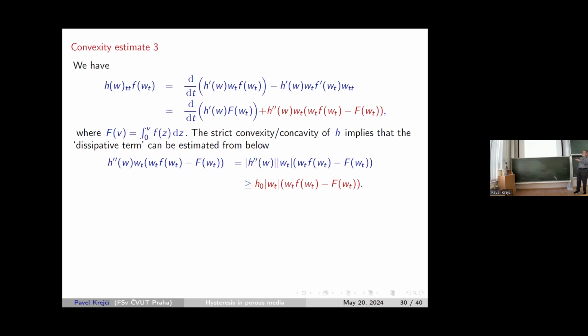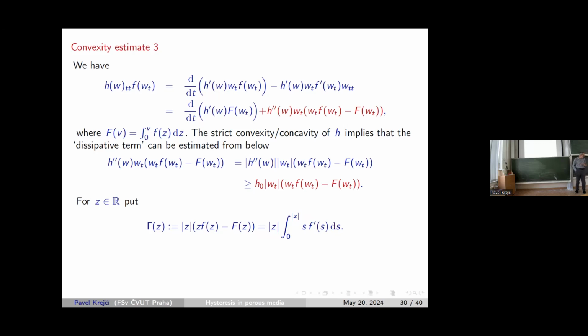So eventually we get a bound for a function capital gamma. This is the function capital gamma on the right hand side, the dissipation, which can be explicitly written as z times the integral from 0 to z of s f prime plus ds.